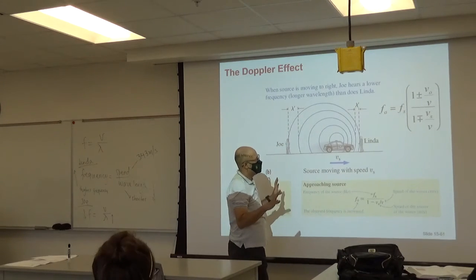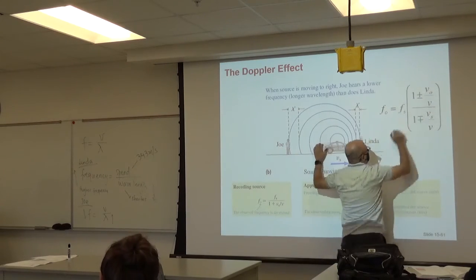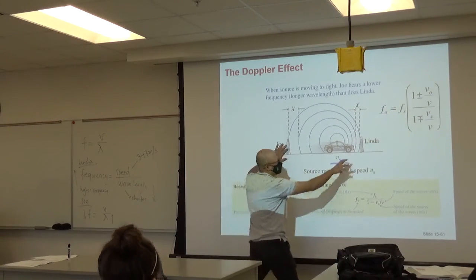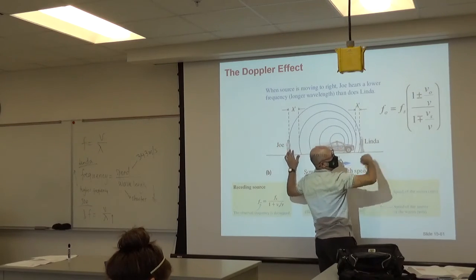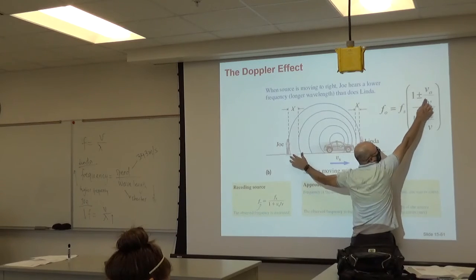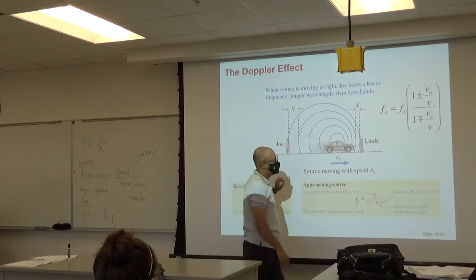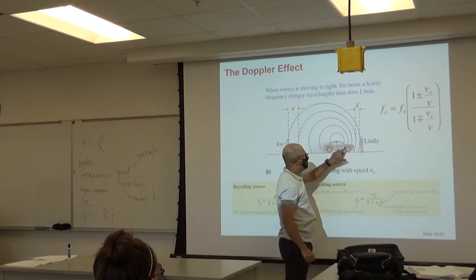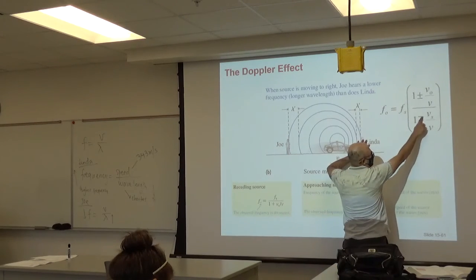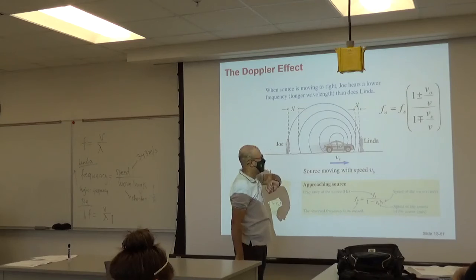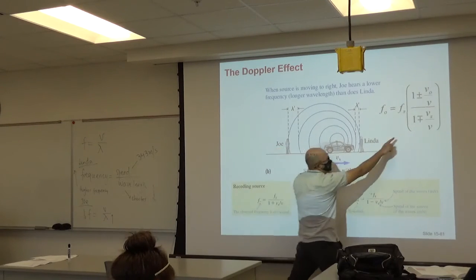Sorry, let me take it back. So in this case, VO would be 0 because the observer is at rest, so this term would be 0. So you will have 1 on the numerator. And for the denominator, the bottom part, when the source is moving towards the observer, you will use negative sign. And when the source is moving away from the observer, you use plus sign.